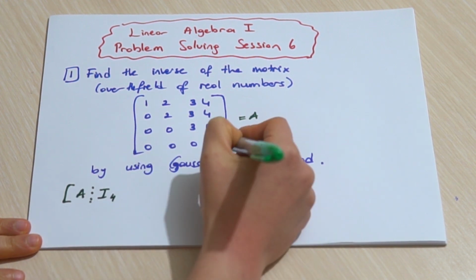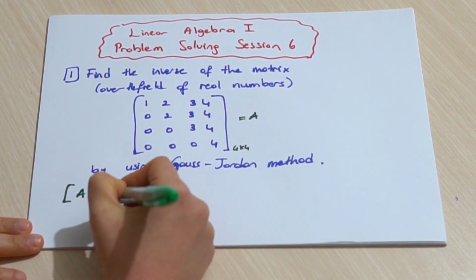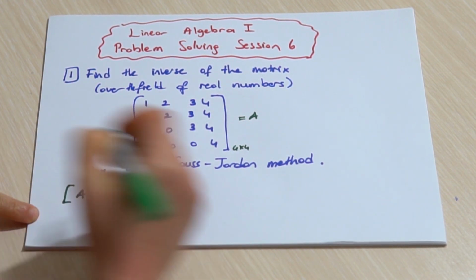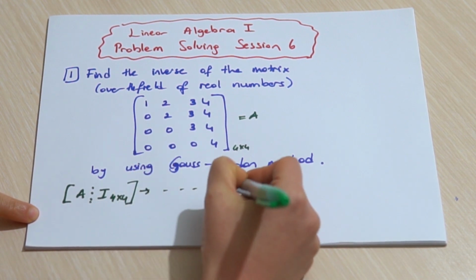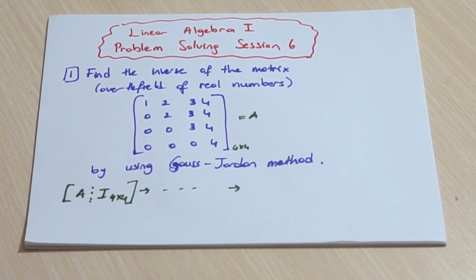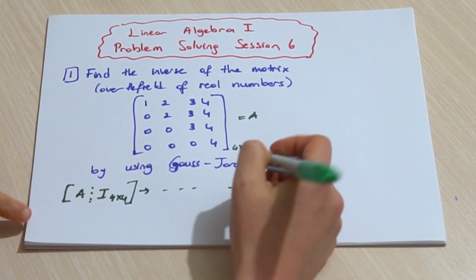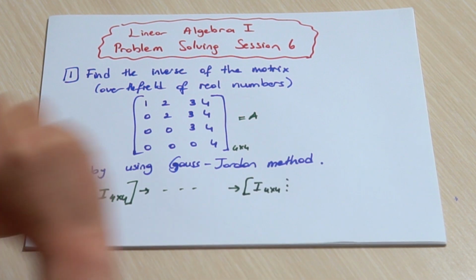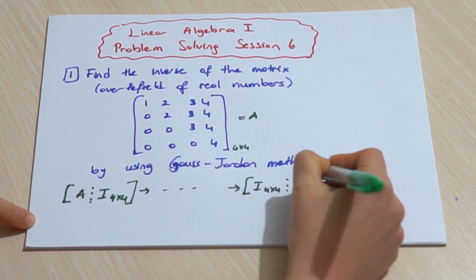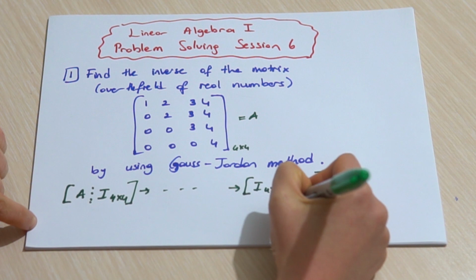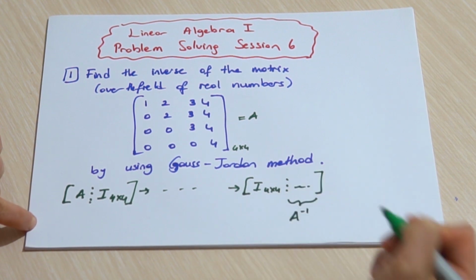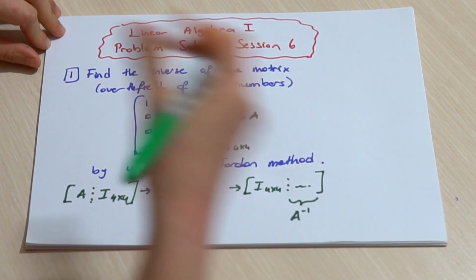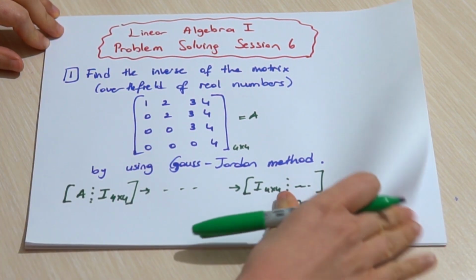Since this is 4 by 4, we will use the identity matrix of 4 by 4, and we will do some elementary row operations, and we will reach identity 4 by 4 on the left side, and we will reach some matrix on the right side, and this matrix will be the A inverse. This was the Gauss-Jordan method. Let's try to use it.